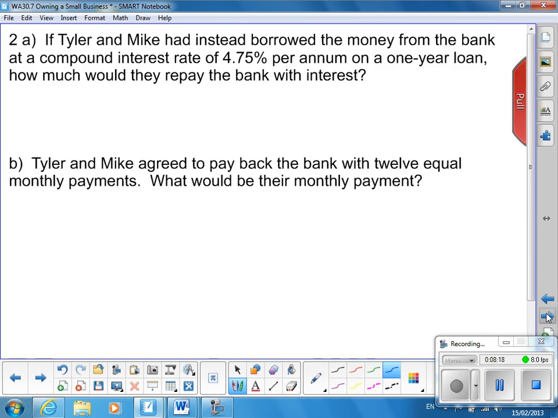If Tyler and Mike had instead borrowed the money from the bank at a compound interest rate of 4.75% per annum on a 1 year loan, how much would they have to pay the bank back with interest? So take your formula. Principal is $20,000 because that's how much the skid steers were. 1 plus 0.0475 because it's 4.75% interest. Compounded annually, so that would go up as an exponent as well.